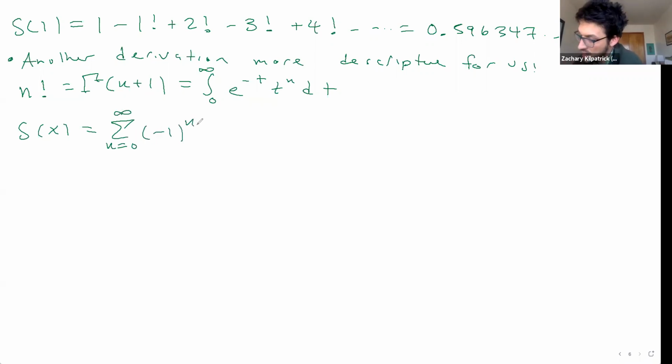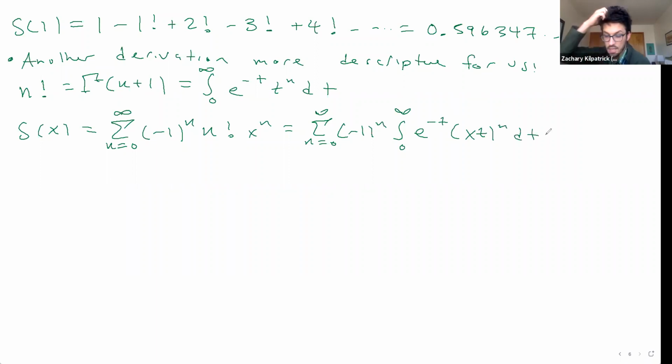But if I write out that sum that represents this Euler series again, I can write it equivalently as minus 1 up to the nth power, now the integral from 0 to infinity of e to the minus t, and now I'm going to group together the x and the t there, dt.